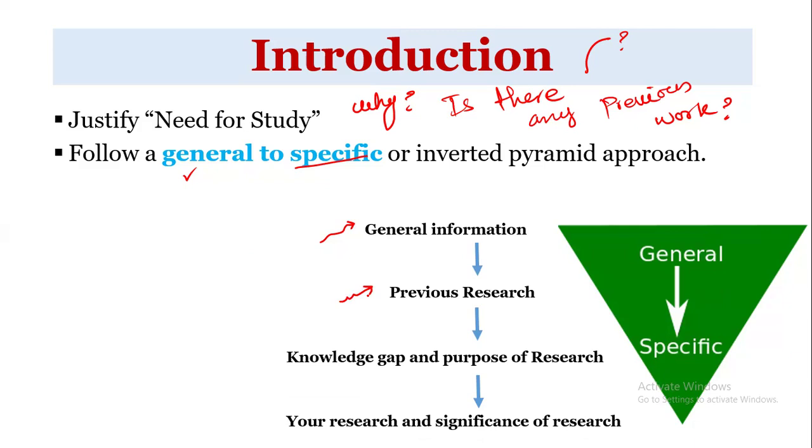Here we can give an idea that we have all possible information related to our research project. We know what were the previous researches and what were the main loopholes or the knowledge gaps in that particular studies. For example, if you are writing a research proposal on a disease or on a pathogen, definitely here you will mention that previously there were some treatments which were suggested for this particular disease, and initially these treatments were effective.